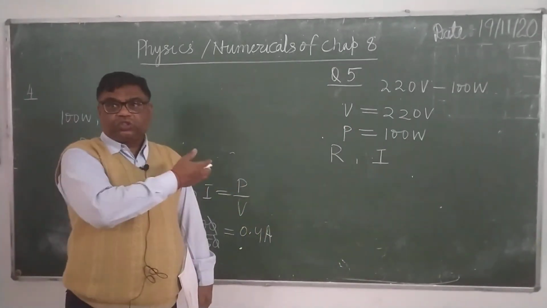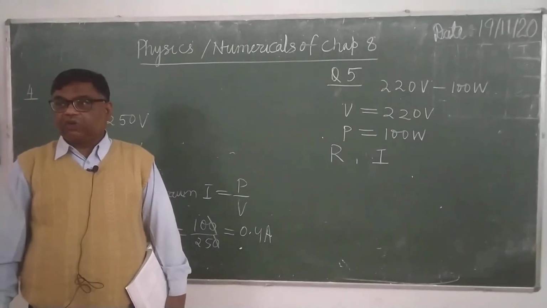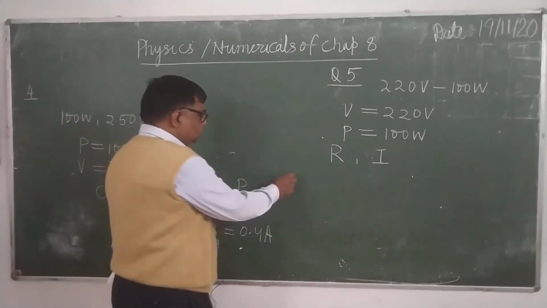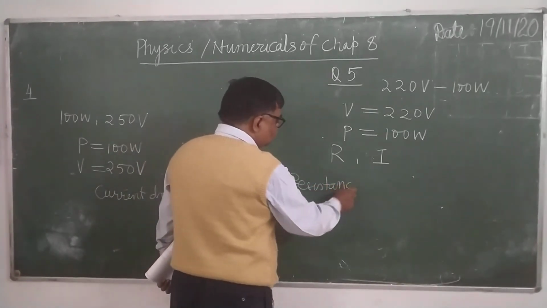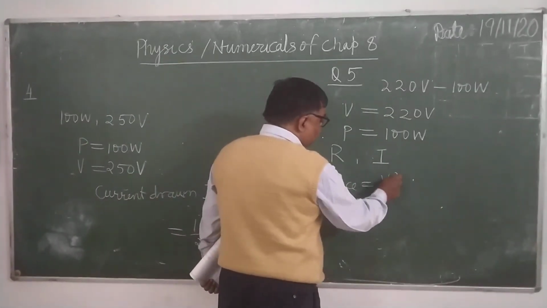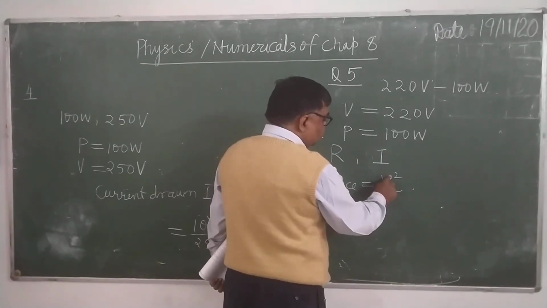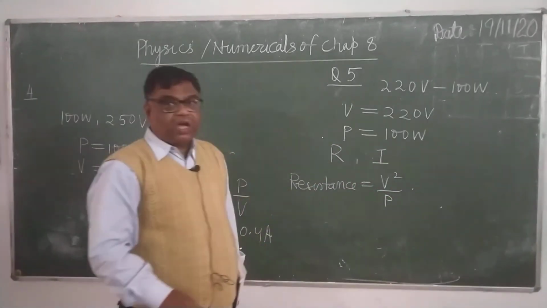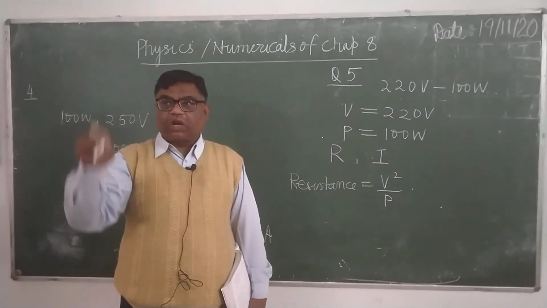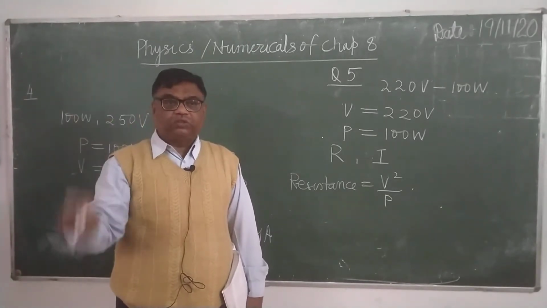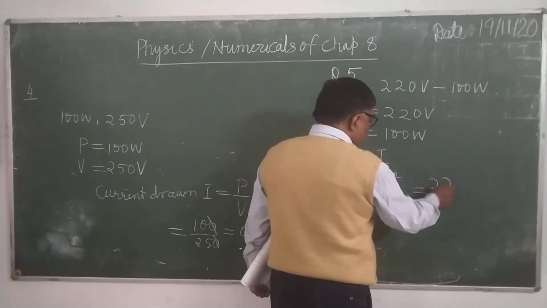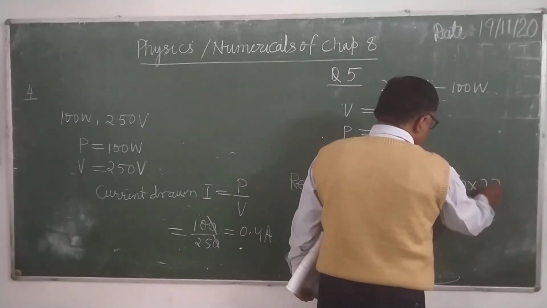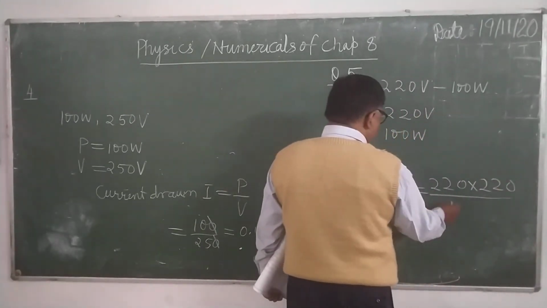So resistance, just like we did in a question just now, you will do. What will be the resistance? Resistance equals V square upon P. Because P equals V square upon R, so R equals V square upon P. So V square here is 220 into 220, and what is P? 100.